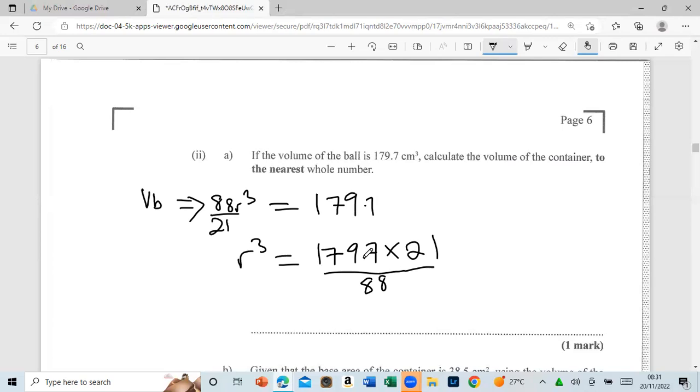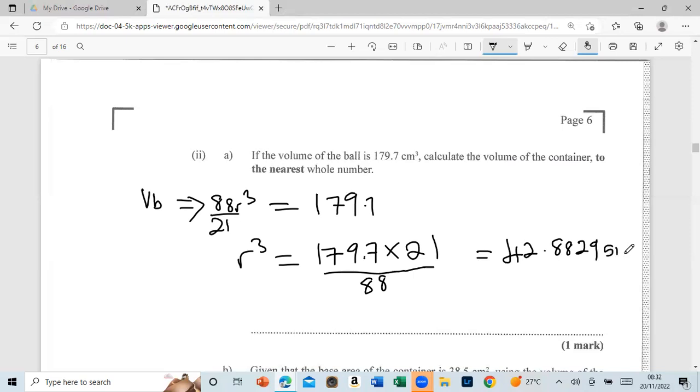Alright, so I'm getting 42.8299545455. So R cubed is equal to all of this.